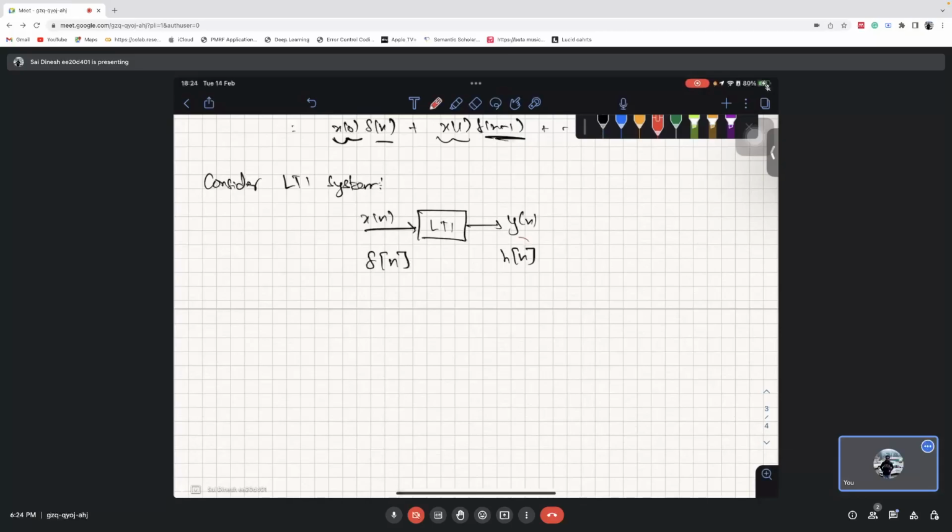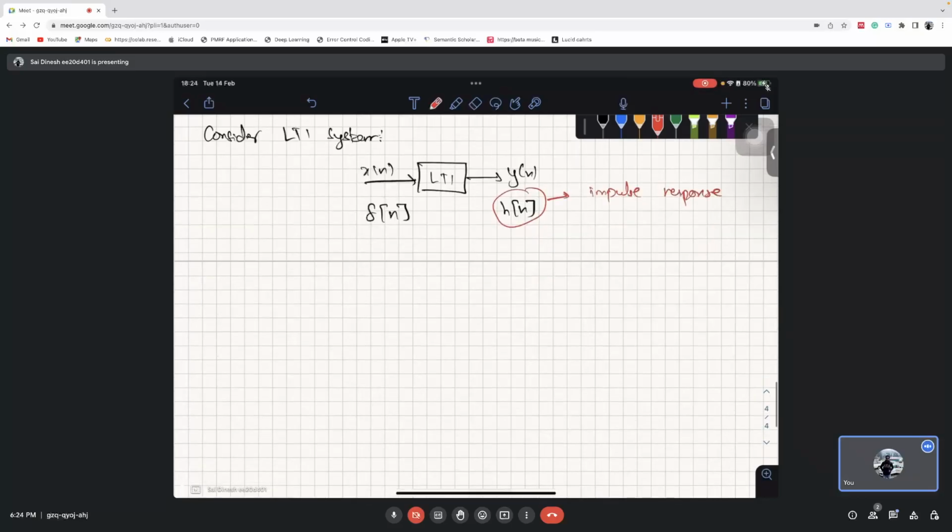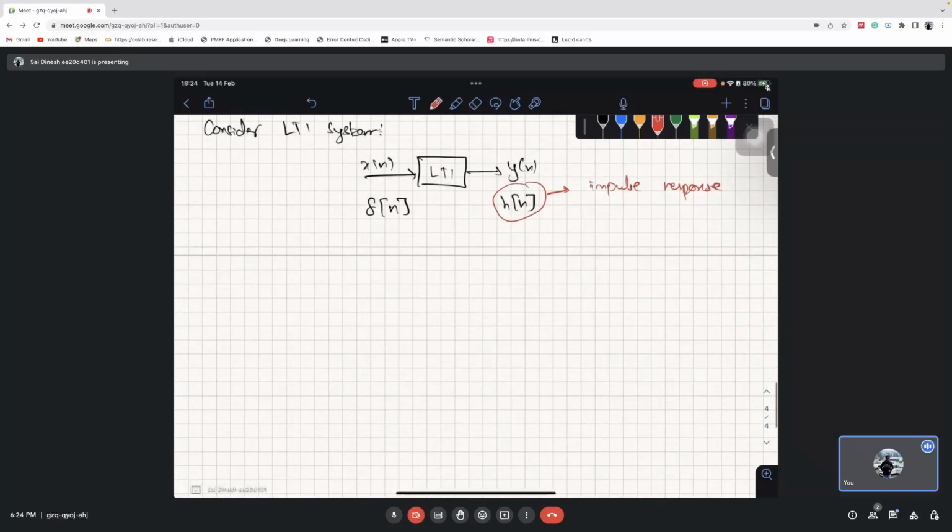This is known as the impulse response. The response of a system to an impulse signal is known as the impulse response. Due to the superposition property, if we have a times delta of n, this will give a times h of n. If we have b times delta of n minus 1, this will give b times h of n minus 1. All of this is because of LTI properties.